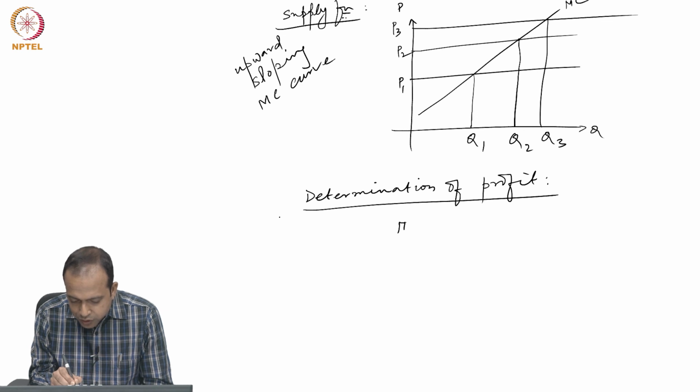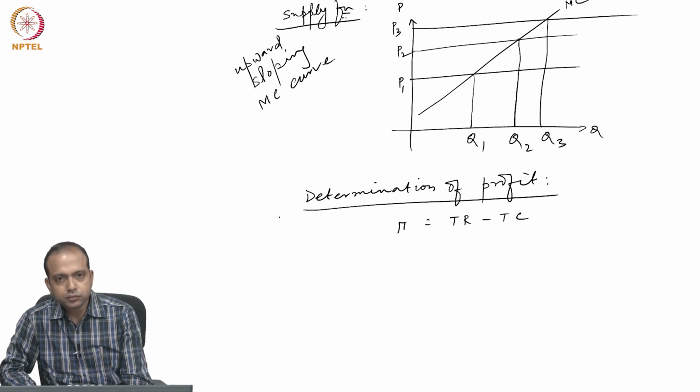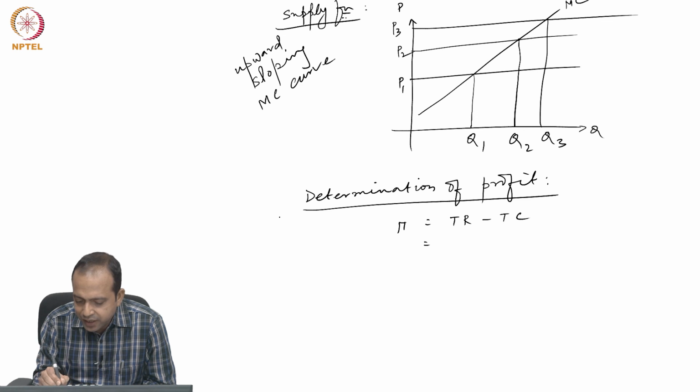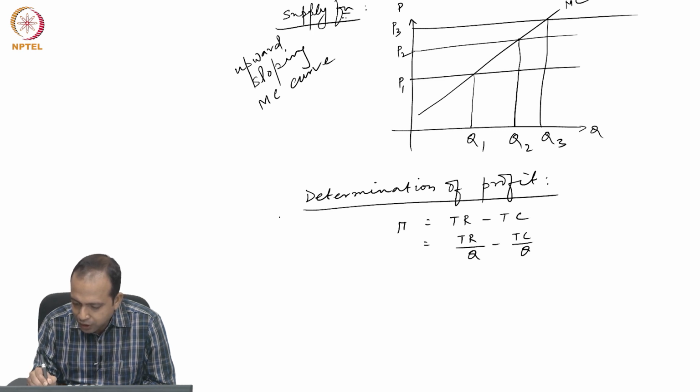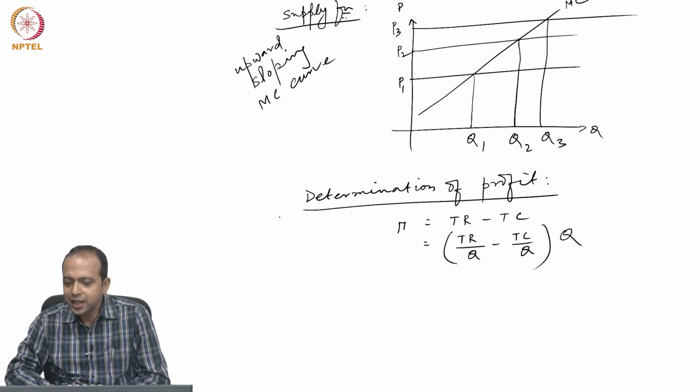Profit is always equal to, as I said, total revenue minus total cost, right. Now, this I can always write as (TR by Q minus TC by Q) whole multiplied by Q. I have divided and then I have multiplied.